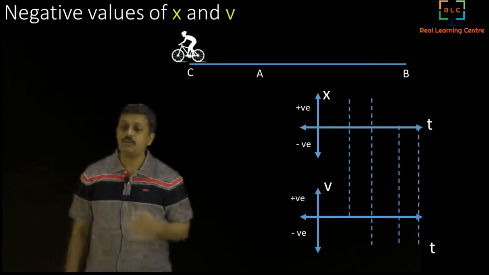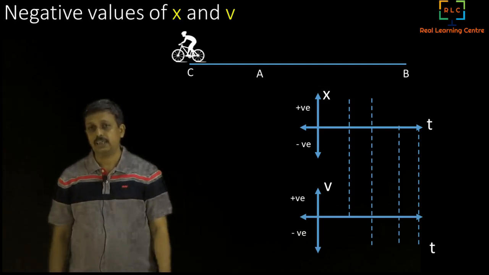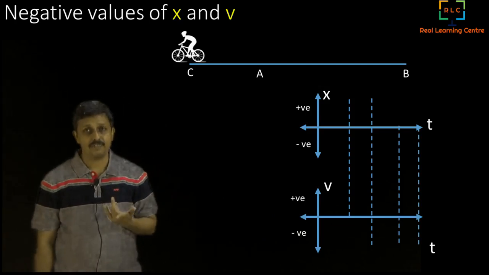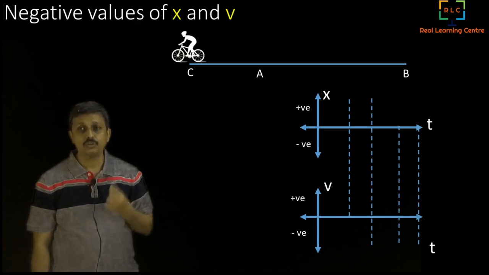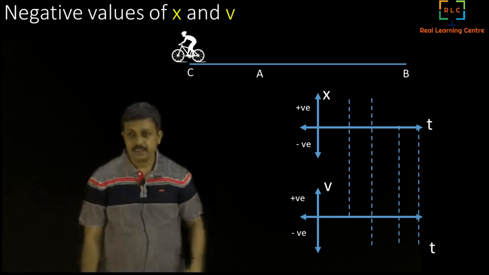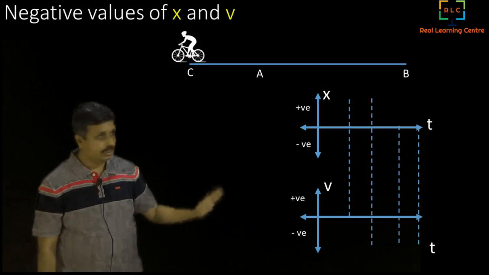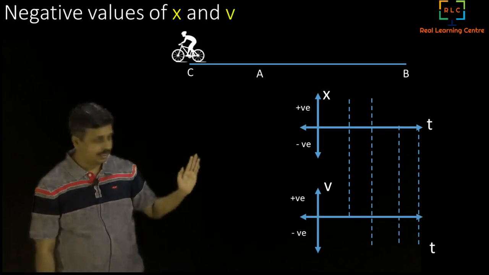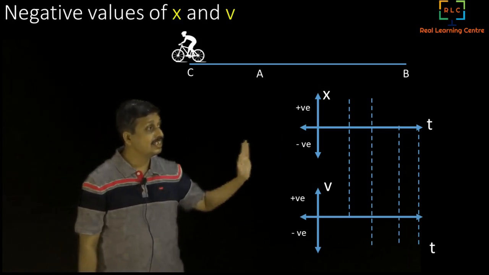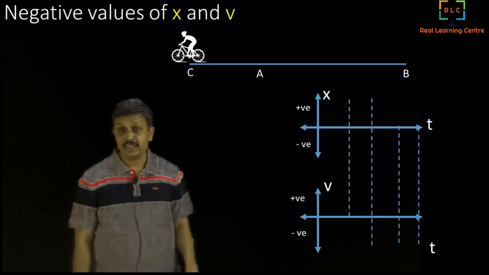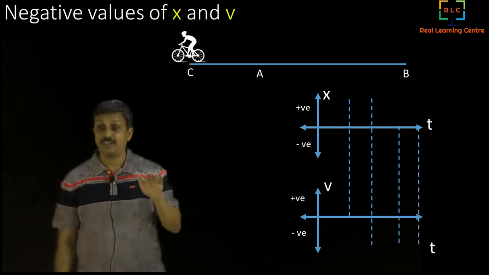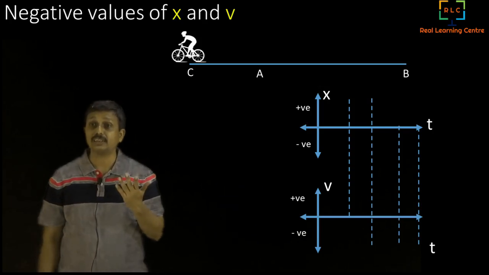Now, how do we plot this in terms of an xt graph and vt graph? See what happens from A to B. From A to B, the displacement is positively varying and increasing in a gradual, linear way, at a constant velocity.